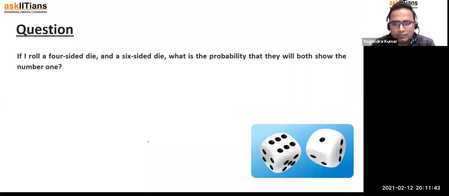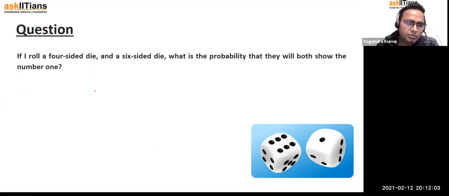They will both show the number one. This is a weird format of the question, so don't get confused by it. I know we can have so many other questions.